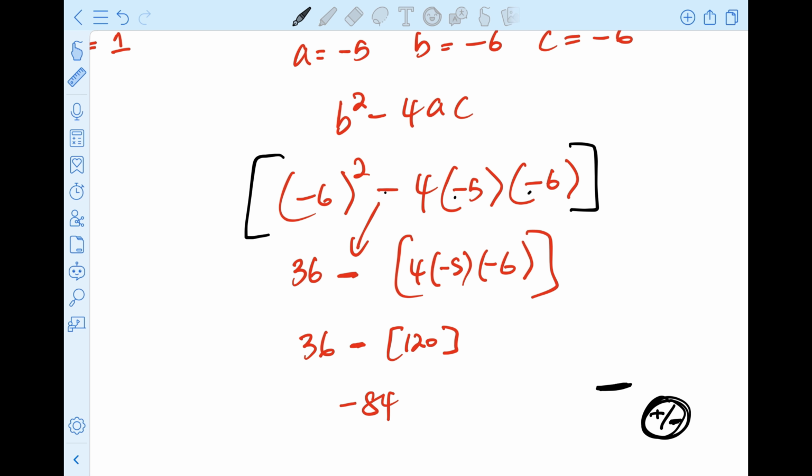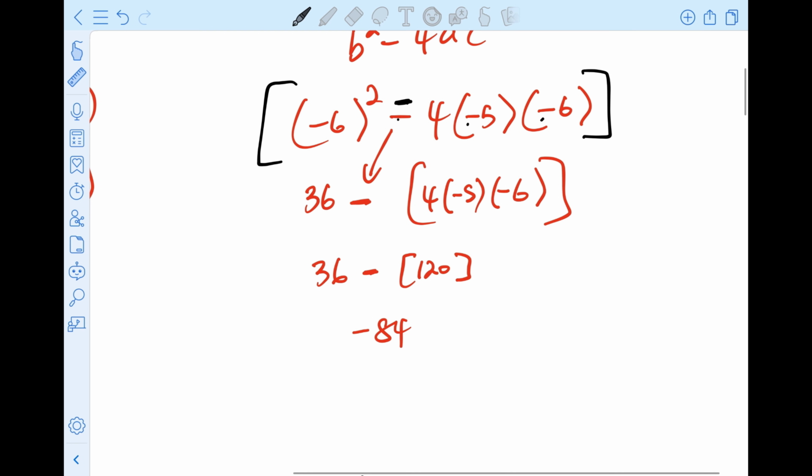As long as you use the right thing, you'll get the right answer. If you use a big minus sign instead of a negative sign or vice versa, it will sometimes throw it off. Anyway, that's some of the best practices here.